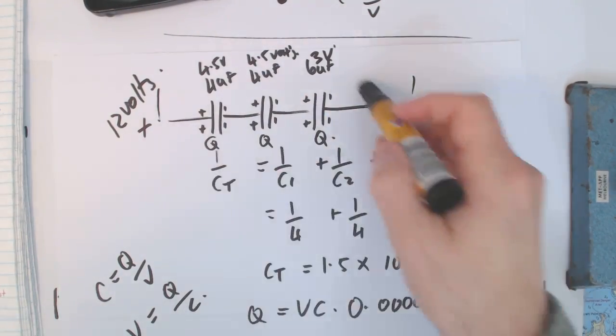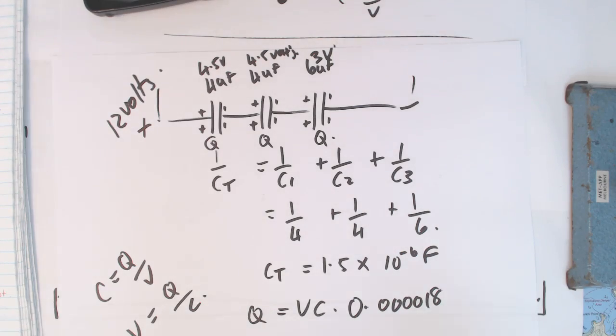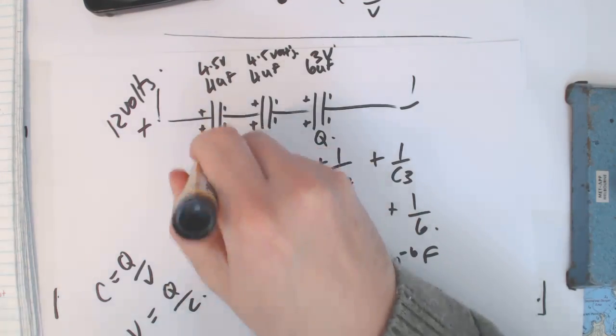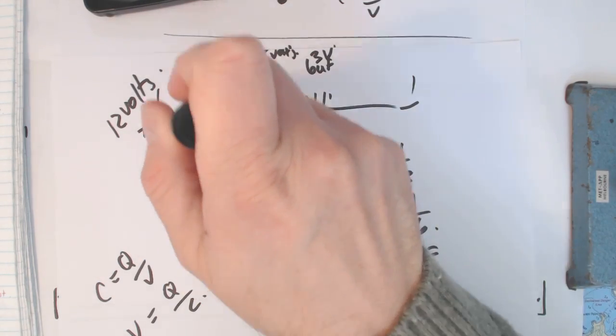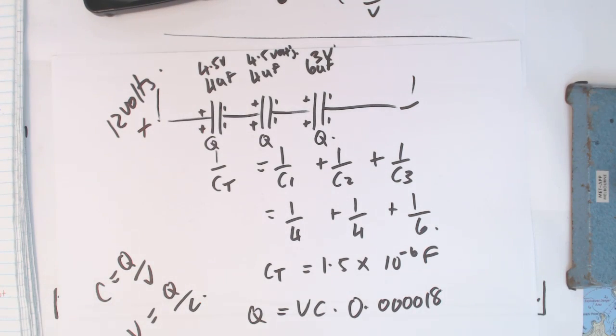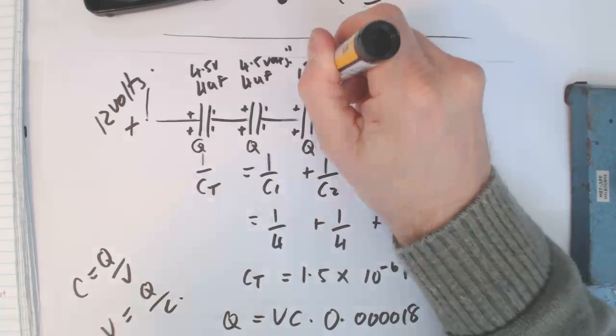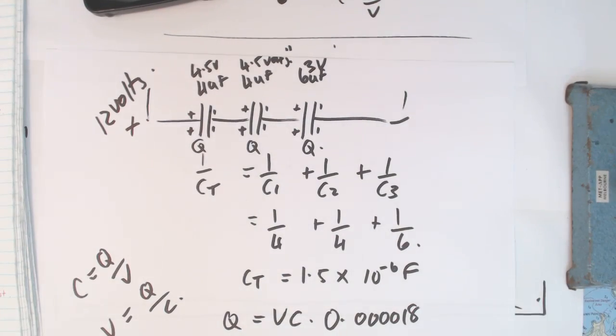You work out the total capacitance, then using the total capacitance and the total voltage, you work out the charge on each one in the series circuit. Then once you've got the charge, you can use the charge and that one's individual capacitance to work out the voltage drop across it. Notice here, the bigger the capacitor, the smaller the voltage drop.